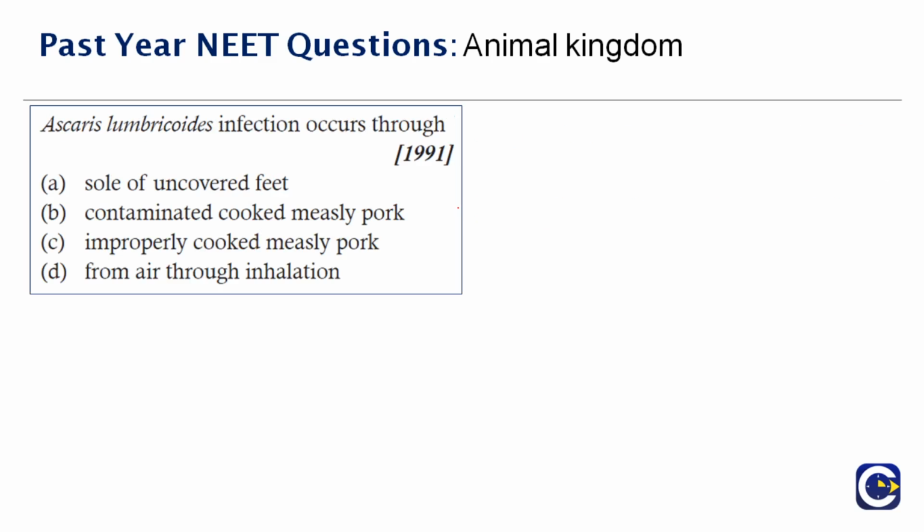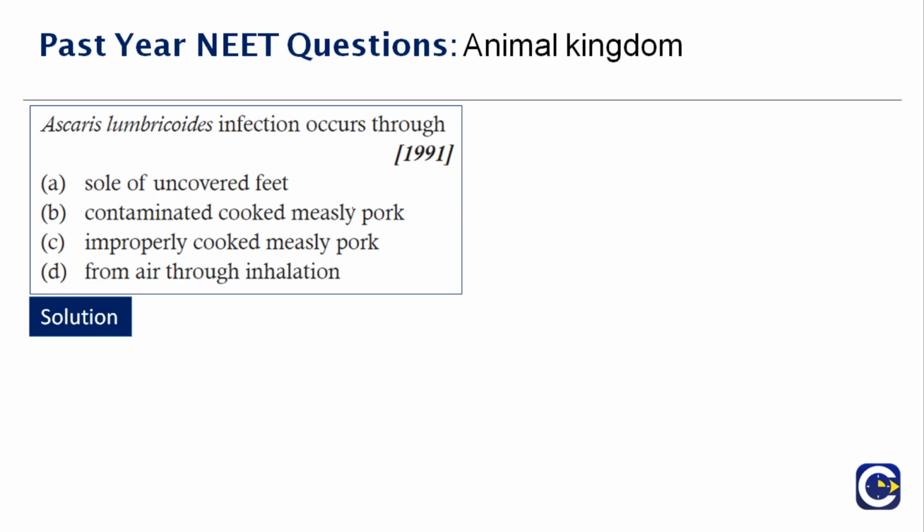Okay, next question here: Ascaris lumbricoides infection occurs through dash. This is a very easy question for you to answer because we already discussed it. Anything that is contaminated with the eggs or cysts of this organism, when taken in by the host, gets naturally infected. Yes, it is by contaminated, improperly cooked measly pork.